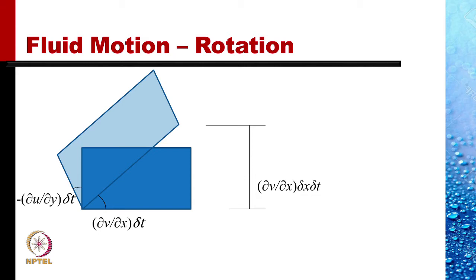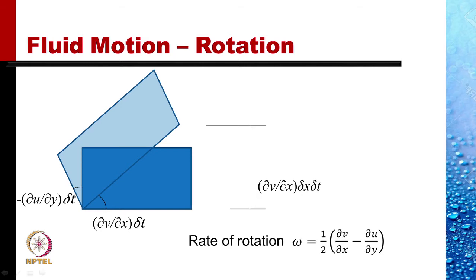Similarly, the vertical line rotates counterclockwise by an amount minus du by dy into delta t in time delta t. The average rotation of the element is obtained by taking the average of these two rotations, and the rate of rotation of the element omega z is 1/2 (dv by dx minus du by dy).